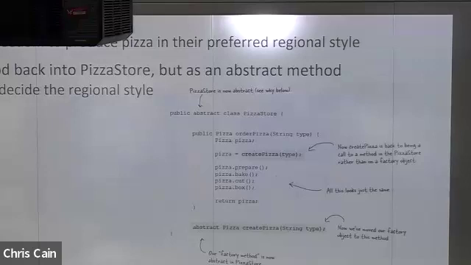It happens here rather than in the factory object. Everything else looks the same. So the entire factory method is now abstract and back in the pizza store. So now it's not its own separate class, it's in the method. So it seems like we've undone some of the work that we've done, but let's see why this works better.